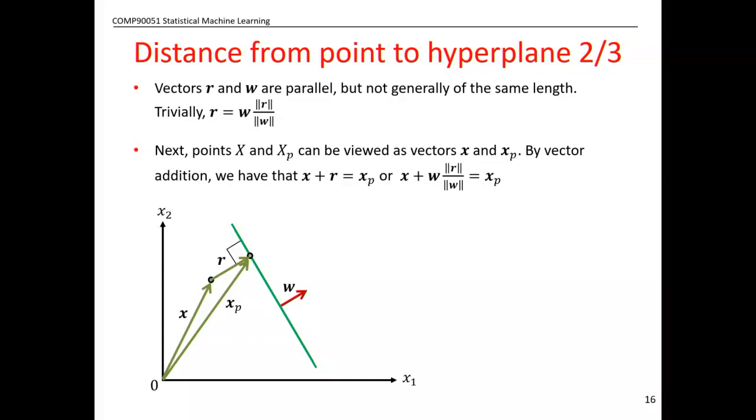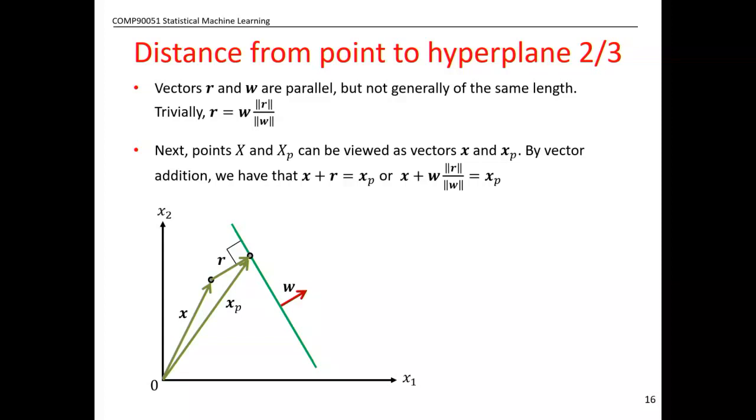That's just saying if I travel along x and then travel along r, that's the same thing as traveling along xp, and I've given a geometric proof. Then I can substitute in what I've shown above for r. That's how I get that second expression there.